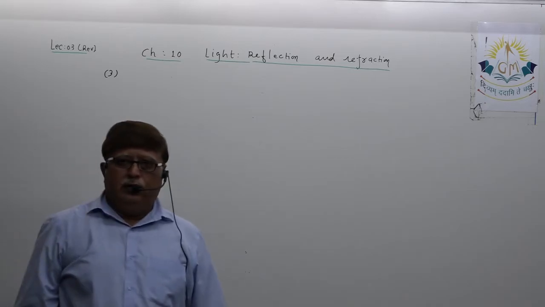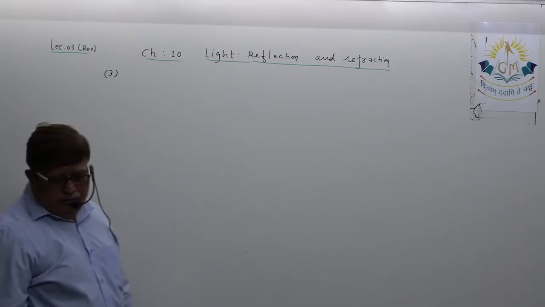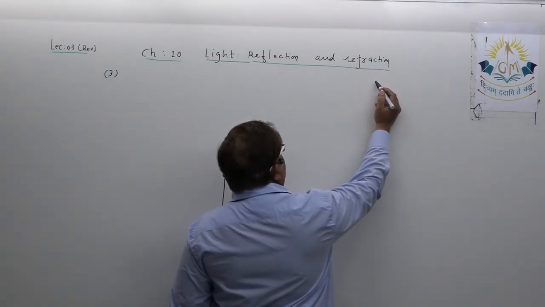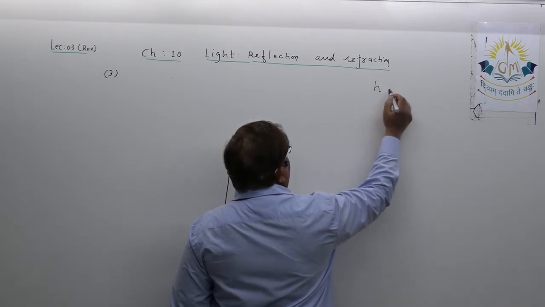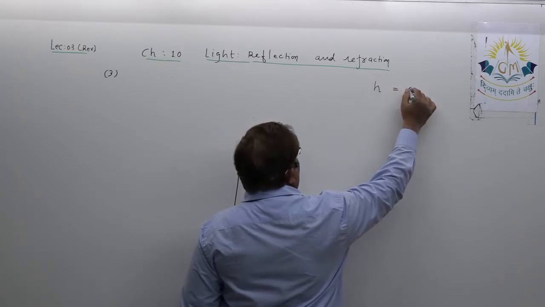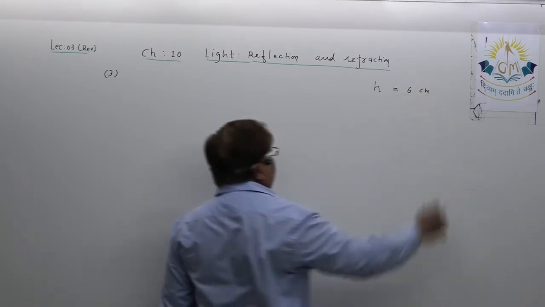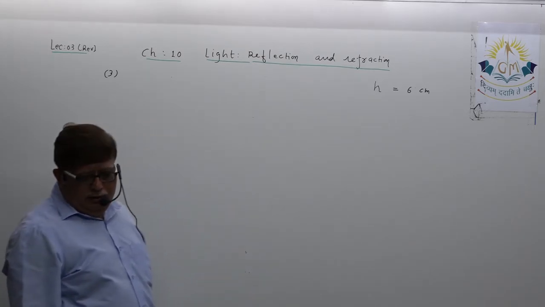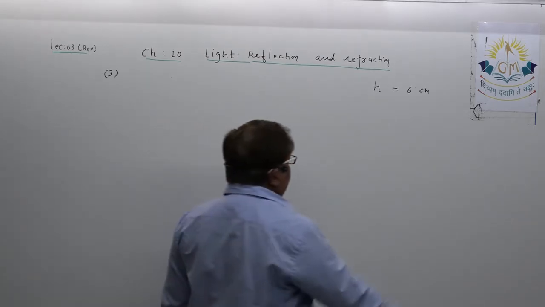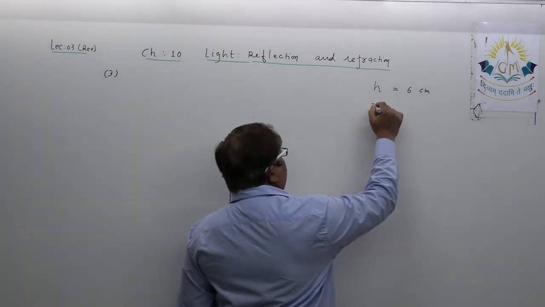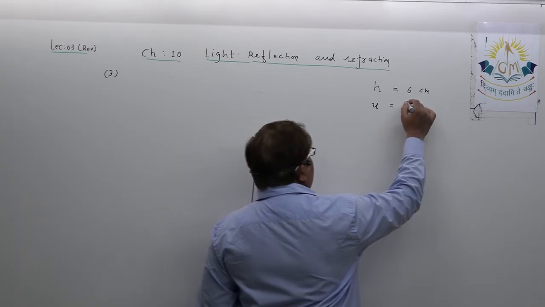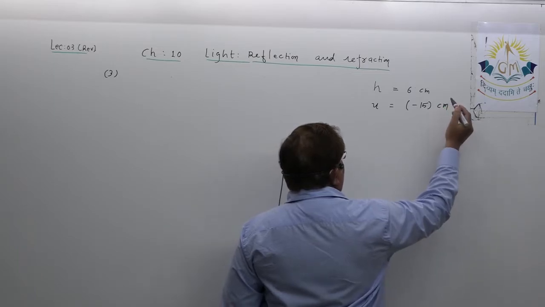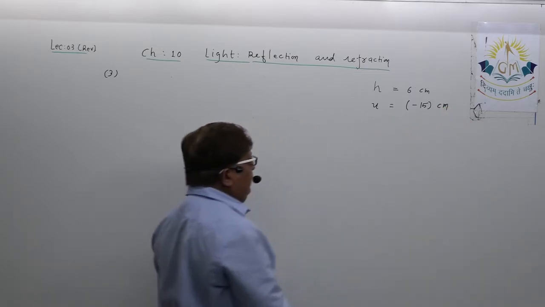What is the height of the object? It has been given as 6 centimeter. Let us write the given data. H, height of the object, 6 centimeter. This object has been placed at a distance of 15 centimeters. So obviously u is negative, because u is always negative, on either side of the mirror it can be.